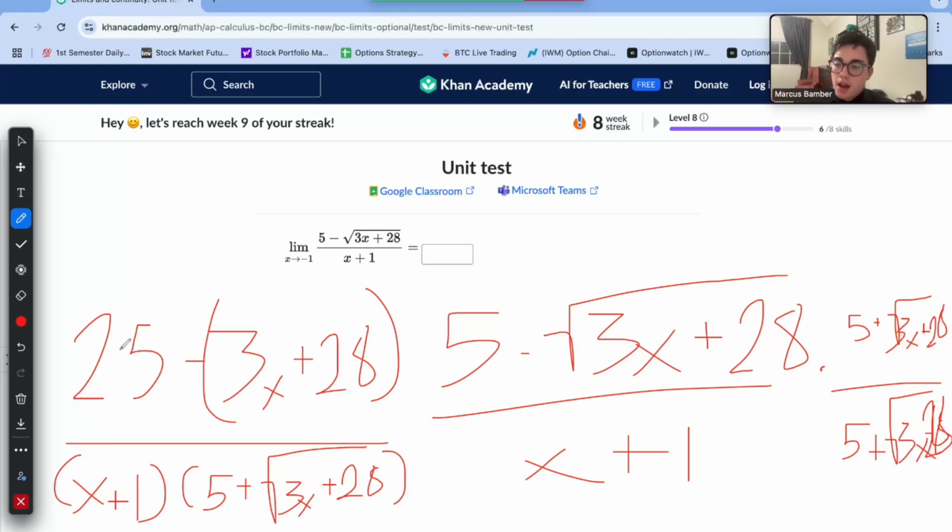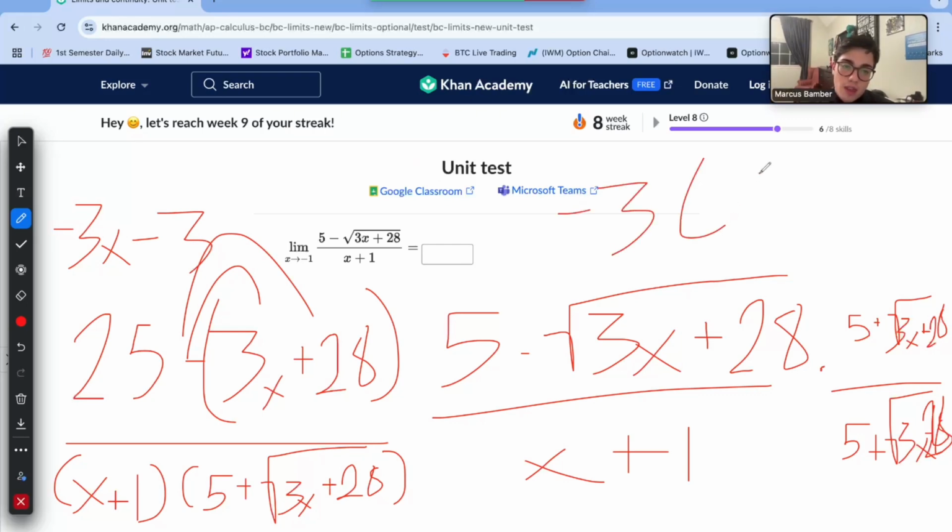Okay, we're going to distribute first. Negative 3x, negative 28. 25 minus 28 is negative 3. So we have negative 3x minus 3. On the numerator, we can GCF negative 3 out. So we're left with negative 3, parentheses, x plus 1 on our numerator.